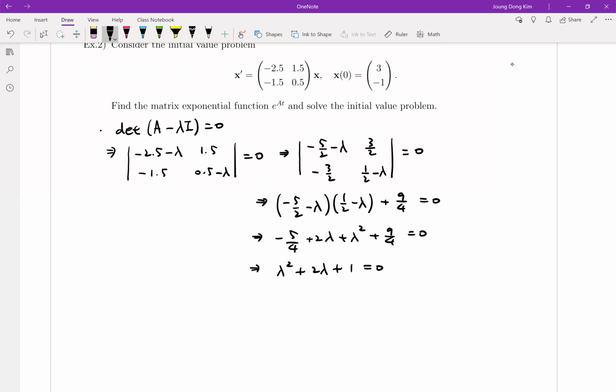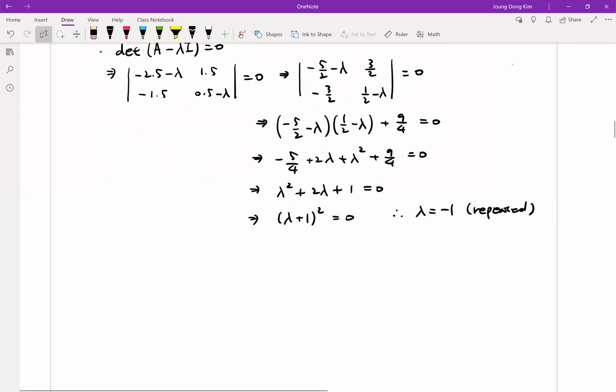You see, this one is a perfect square. And I can say there is only one eigenvalue, lambda equal to negative 1, which is the repeated case.